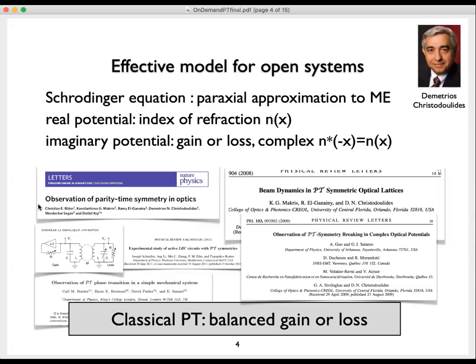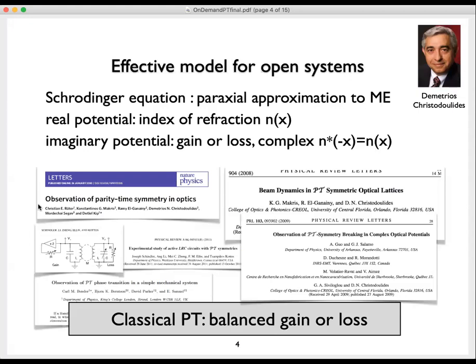And what Demetri noticed was that the Schrodinger equation for a non-relativistic particle in one dimension is isomorphic to the paraxial approximation for Maxwell equations when we consider the envelope of the electric field, which is propagating in some waveguide array.